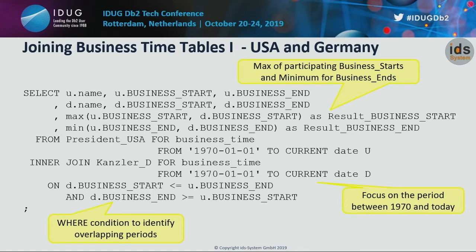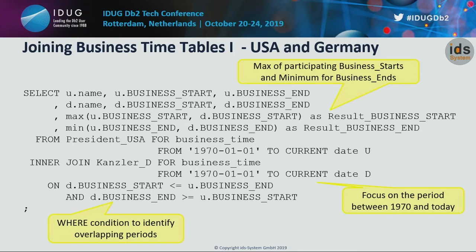And I have the name of the president, and I have a starting and business end period. And also for Germany, a name and starting and business end period. You have the president table USA. From business time, that's what we specified. We just look at the information from the 1970s on, and to current date. Something to note is the correlation name is specified behind that.